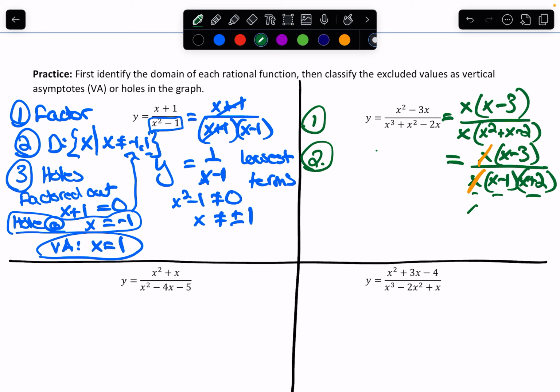So x cannot equal 0, x cannot equal 1, and x cannot equal negative 2. Remember, we set these equal to 0 like we did here, and then we solve it. Okay, so our domain is x such that x cannot equal negative 2, 0, and 1.